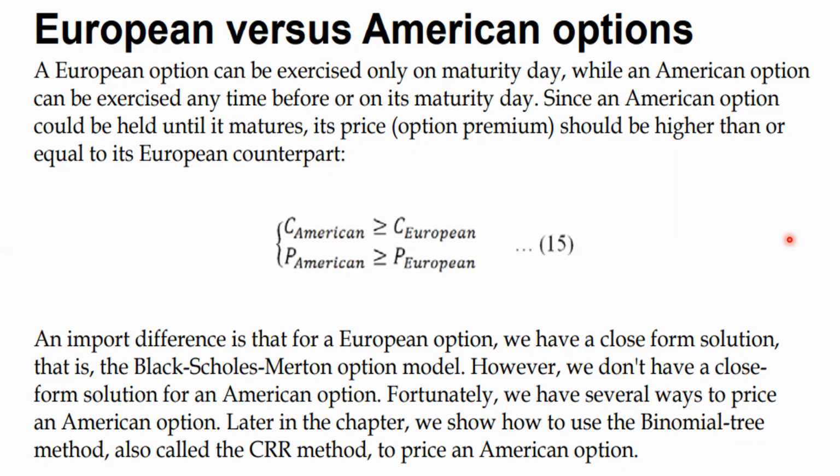But in an American option, it is not like that. Your contract may be for 2 months, but you may decide to sell within 1 month. It is permitted in an American option. But in a European option, it is not like that. Only on the maturity date.